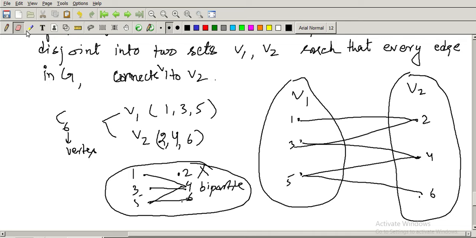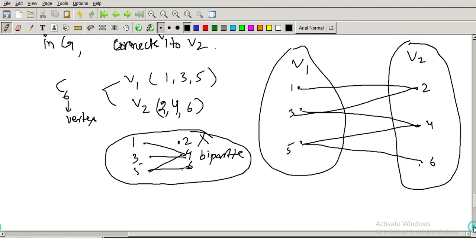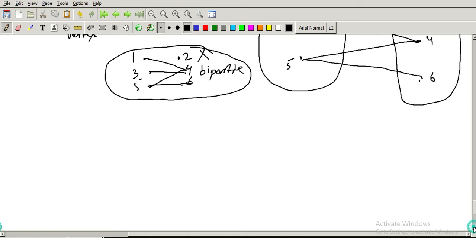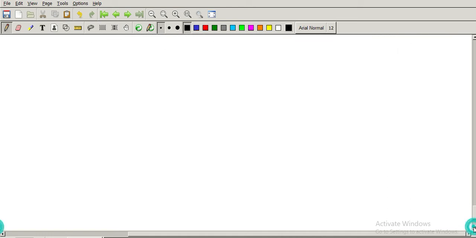So when we talk about the complete bipartite graph, we have a difference between these two bipartite graphs. So let's see.